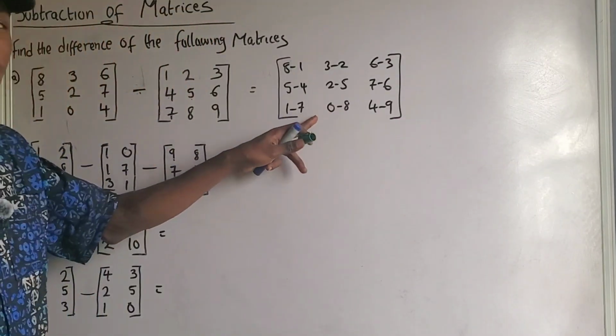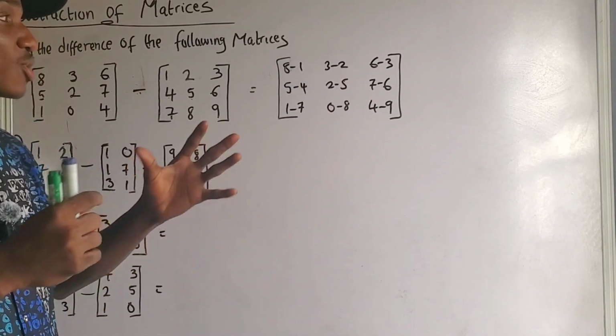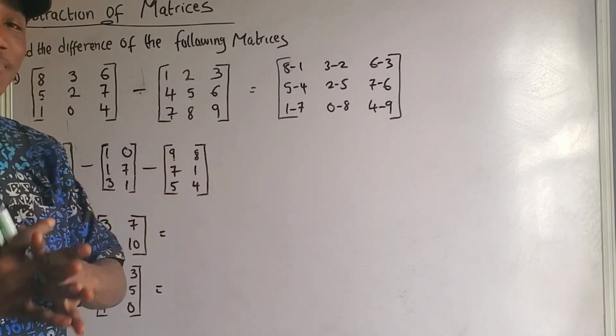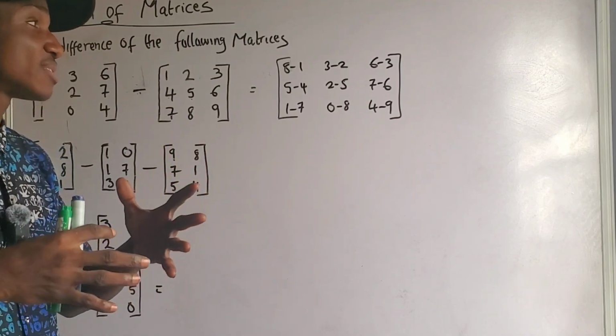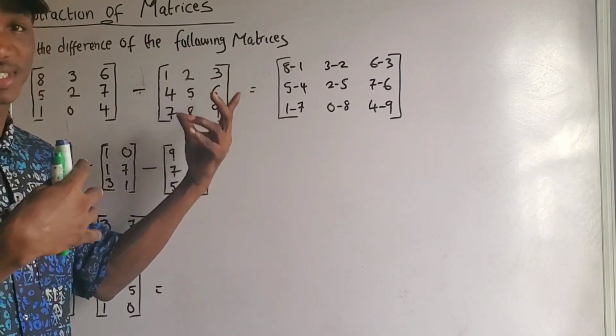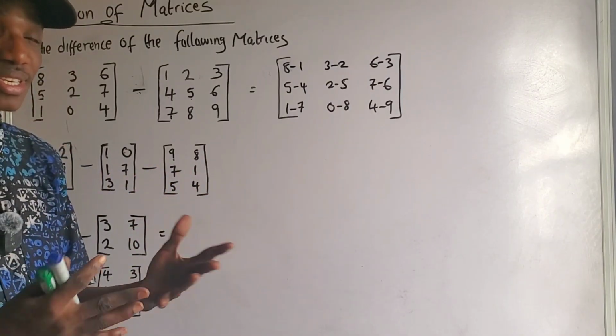Do you understand how I got this? This is what I did. I just subtracted the corresponding elements that are present in the second matrix from the corresponding elements that are present in the first matrix. You understand? So it's very simple. This is simple, okay?